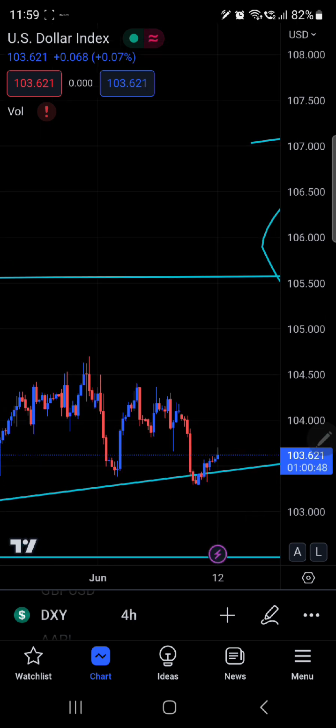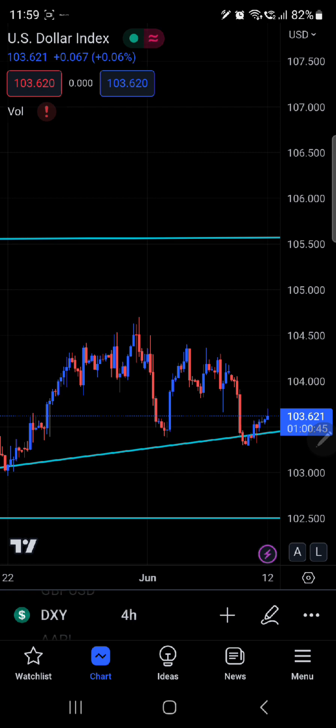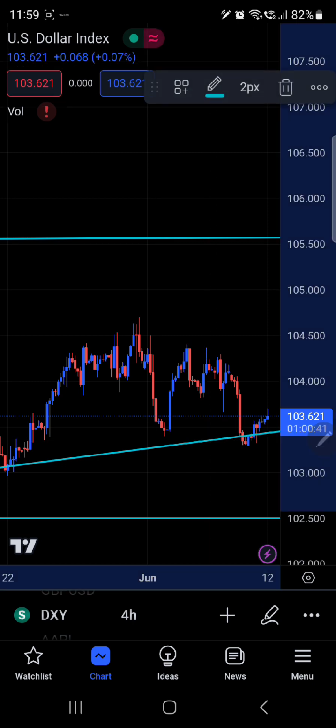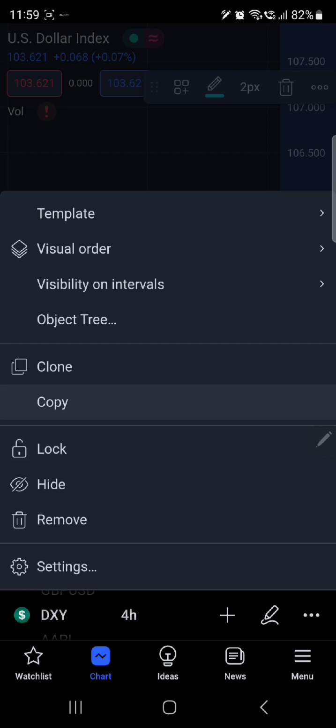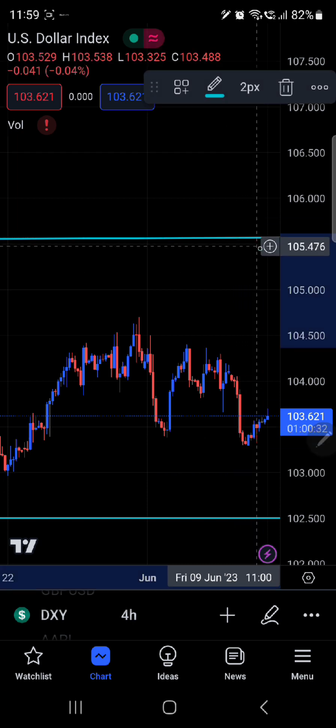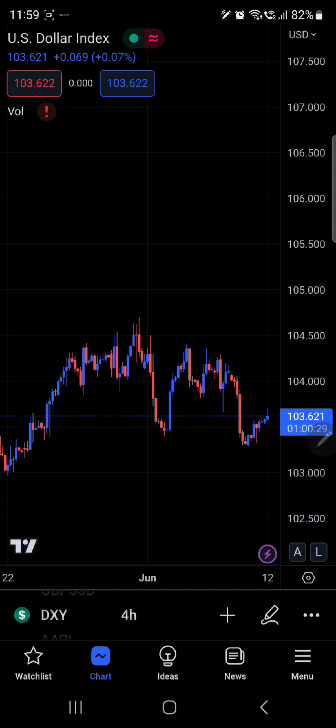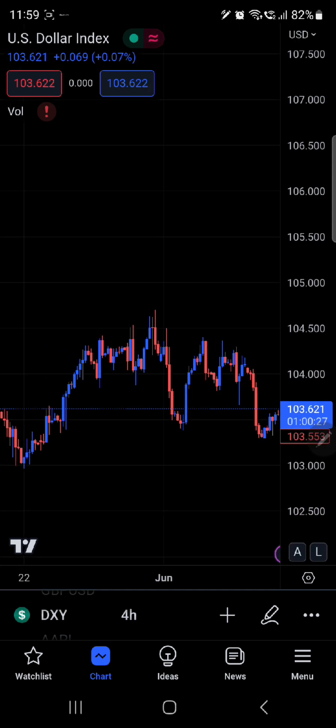Okay, we get the smaller picture now. I'm just going to erase all these lines.